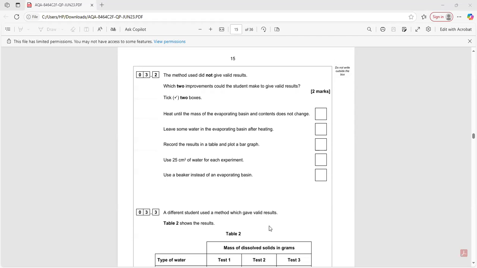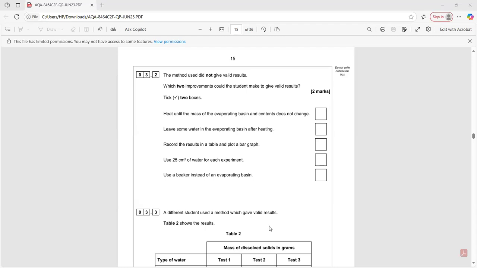Okay, I think this one is standard because it's probably trying to measure the weight of those dissolved solids. So yes, he will have to heat it until the mass of the basin and contents does not change, while gauging the masses at regular intervals. So I think the first one will be there.